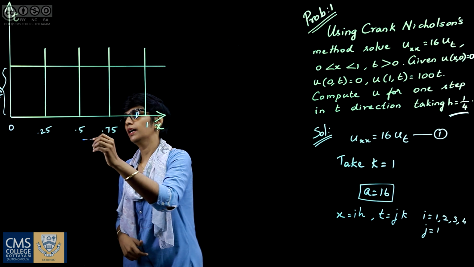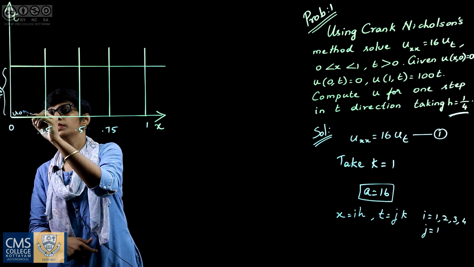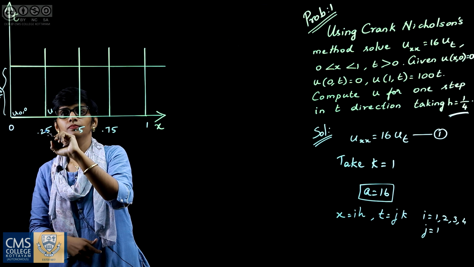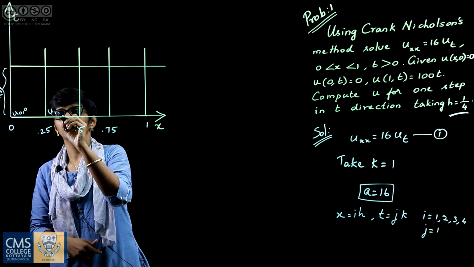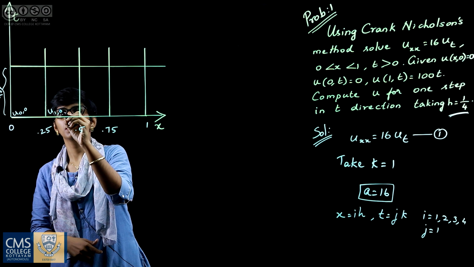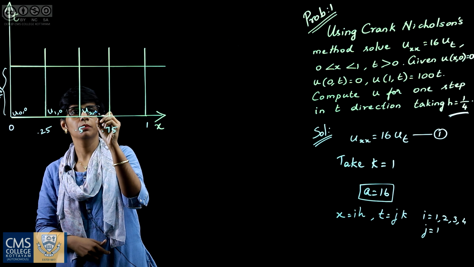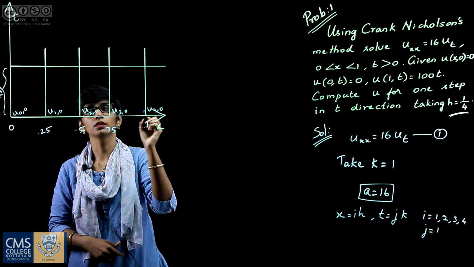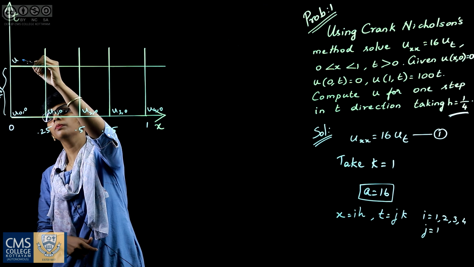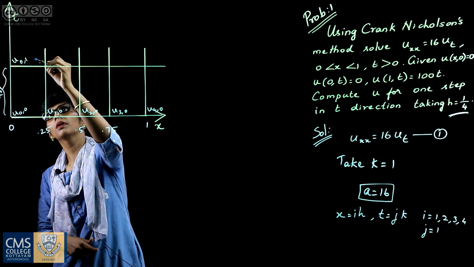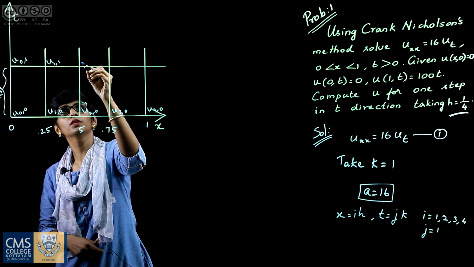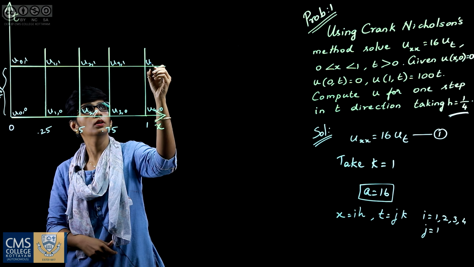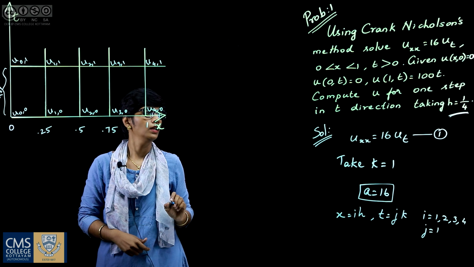So the points become u(0,0), u(1,0), u(2,0), u(3,0), u(4,0), and u(0,1), u(1,1), u(2,1), u(3,1), u(4,1).